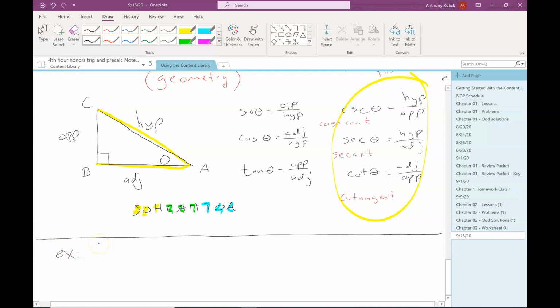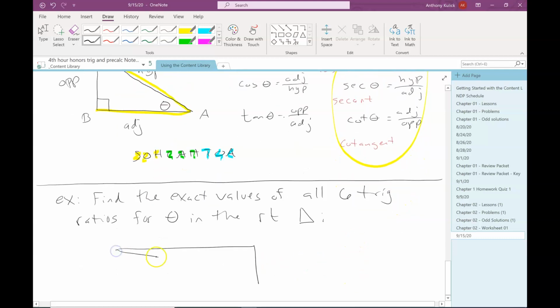Let's do an example where we practice using these. Okay, so let's look at this example.